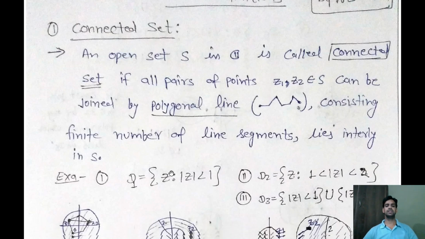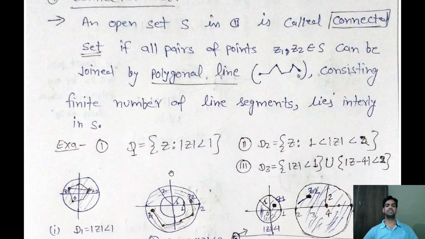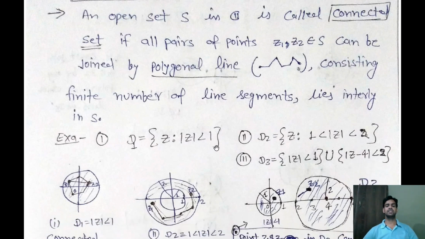First we take the open disk mod z less than 1. Here the center is the origin and the radius is 1. So first we will draw this. This is the unit disk with center at the origin, and the inside part will come. Now the question is how we will say this is a connected set. By the definition we take any two points inside this, say Z1 and Z2.